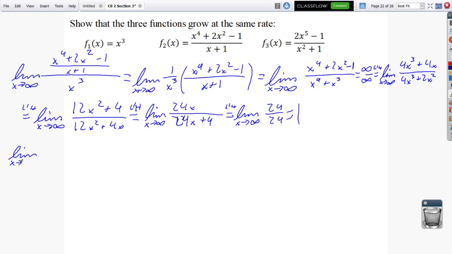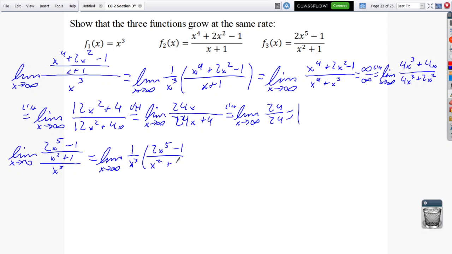Then we'll have limit as x approaches infinity of comparing the other one, 2x to the fifth minus 1 over x squared plus 1, divided by x cubed. Using the same strategy as before, this is limit x approaches infinity of 1 over x cubed times 2x to the fifth minus 1 over x squared plus 1.